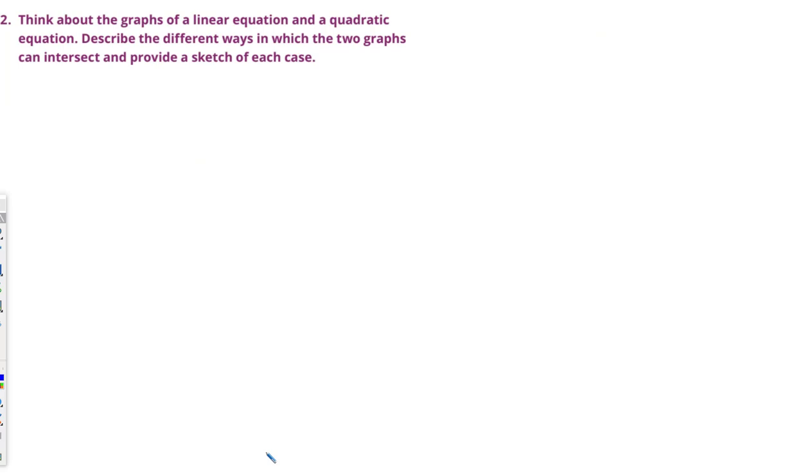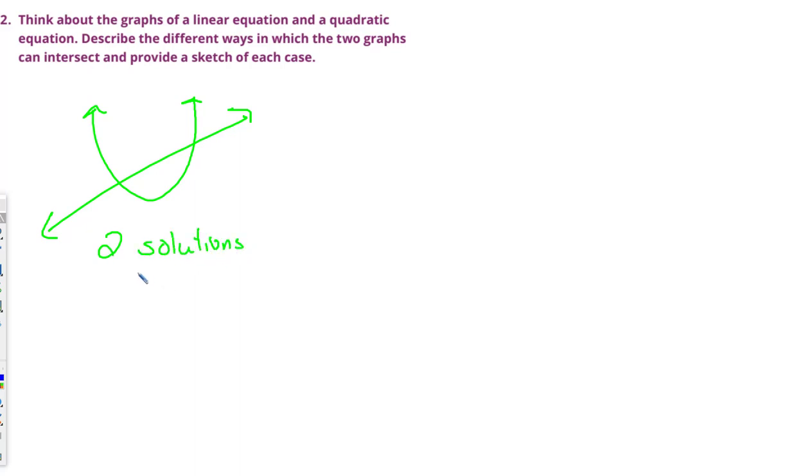So question 2 asks us, how can graphs of linear and quadratic equations intersect? So we can have that line and a parabola cross like this, and that would give us two solutions, which is two ordered pairs.